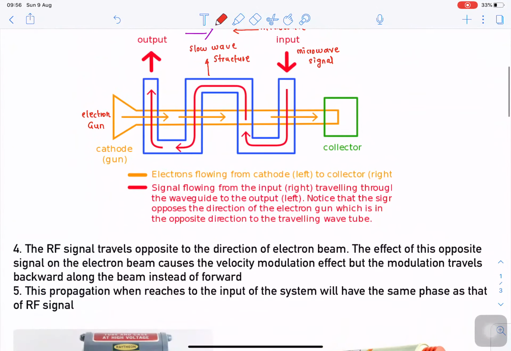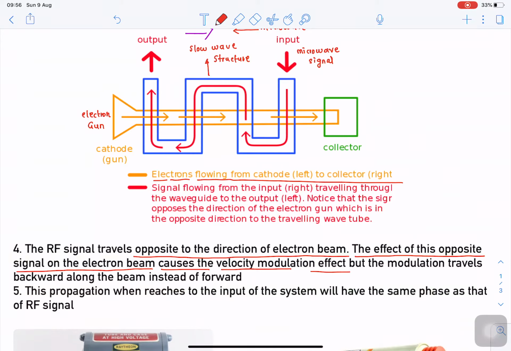Here the electron flow is shown with orange color in the forward direction, while the microwave signal flowing is shown with a red color, which is opposite to the propagation of the electrons. The RF signal travels in the direction opposite to the beam. Now, this is an important statement: the effect of this signal on the electron beam causes velocity modulation.